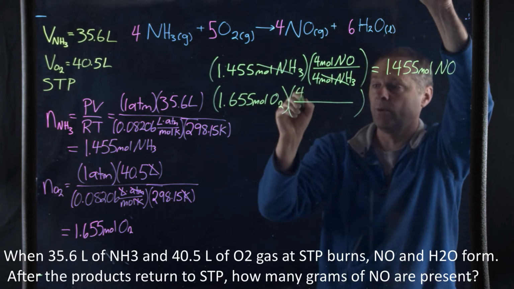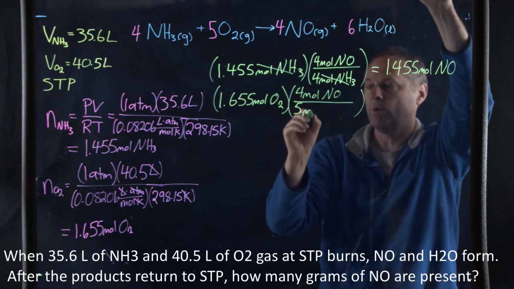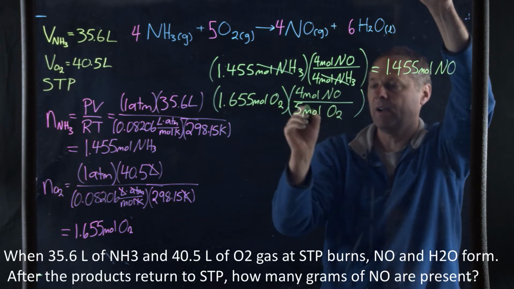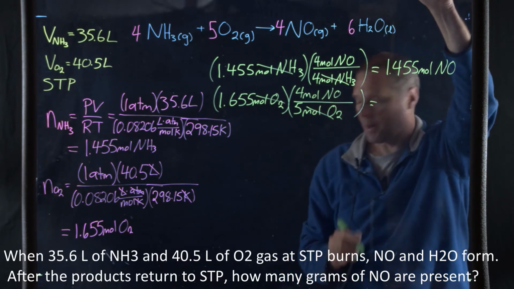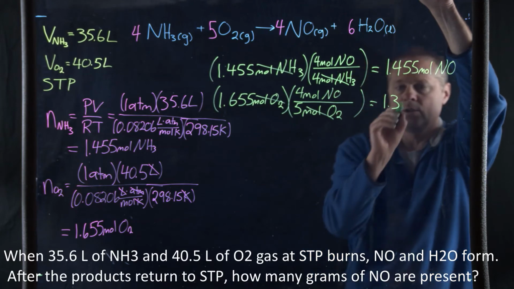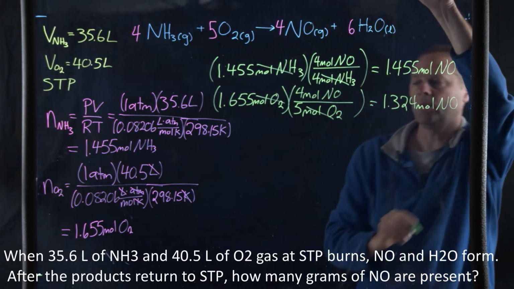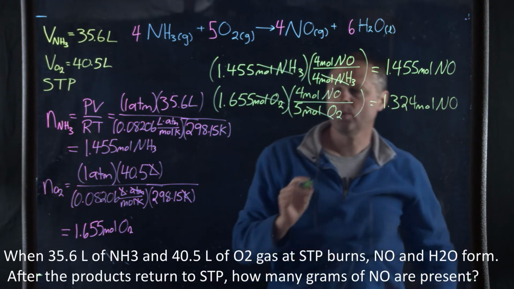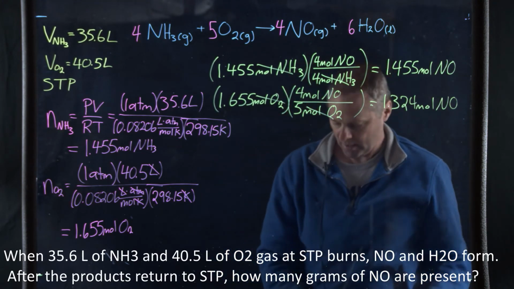And so this is 4 moles of NO to 5 moles of oxygen. And when we do that arithmetic, we end up getting 1.324 moles of NO.